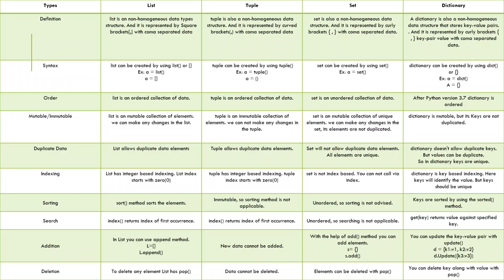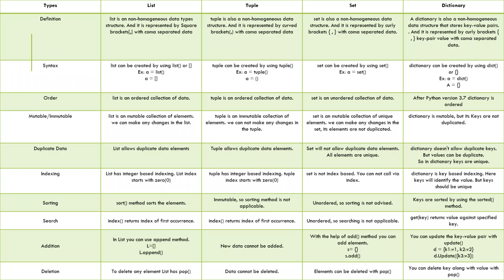Now dictionary is also mutable, but here the keys are not duplicated. Keys should be unique. Values you can duplicate, but keys should be unique. So dictionary is also mutable. Here the odd man out is tuple.